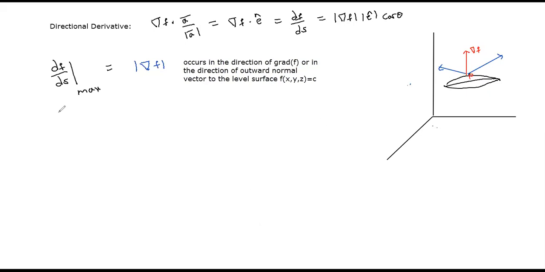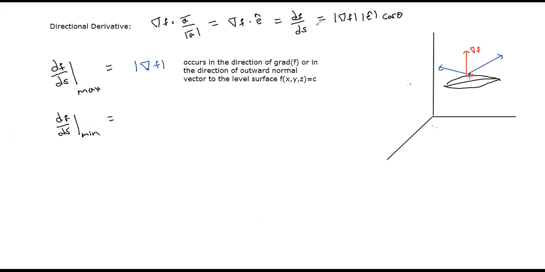Okay. Similarly, can you tell me what is df by ds minimum? What will be the minimum value of the directional derivative, and in which direction will you get it? When two vectors are perpendicular, theta equals 90, which means cos theta is 0.